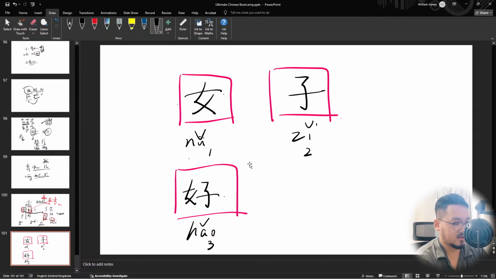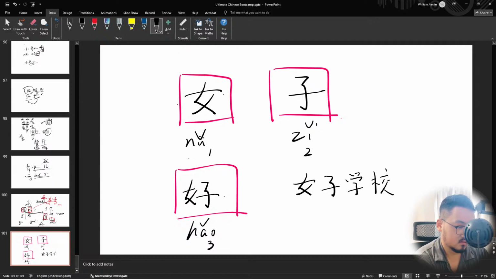So you can say, for example, girls only school. You can say 女子学校. So for example, this is character 1, 2, 3, 4. 学校 is school, that's two characters, right? 女 and 子. That's girls' school. But if you combine 1 plus 2 together, you write that as one character. 好学校.